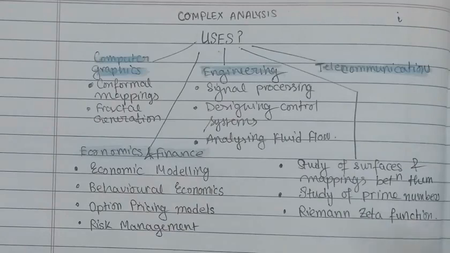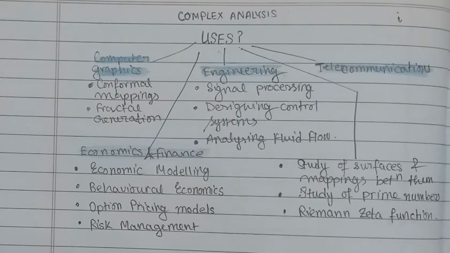The next use is an obvious one, which comes from maths itself, in geometry, when you study different surfaces, and how do you find functions between the surfaces, how do you talk about the mappings between them, right?